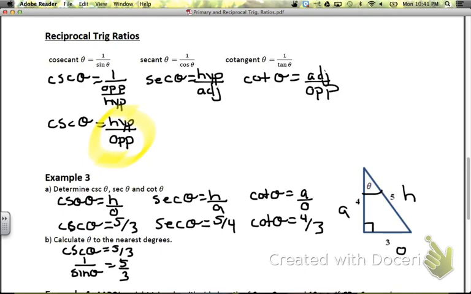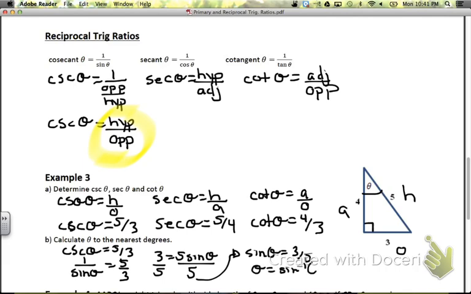Cross multiplying, I get 3 is equal to 5 sine theta. I can then divide both sides by 5, so we get sine theta is equal to 3/5. Then I put in my calculator the inverse sine of 3/5, and what I get for theta is 37 degrees.